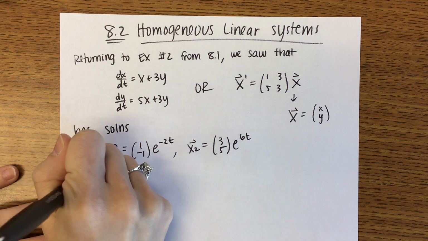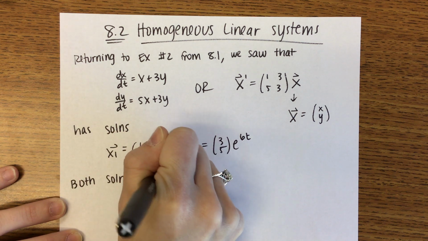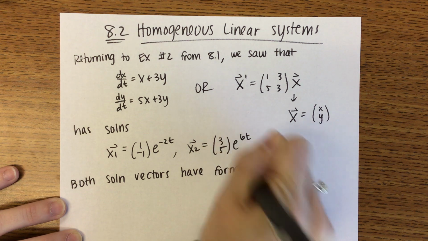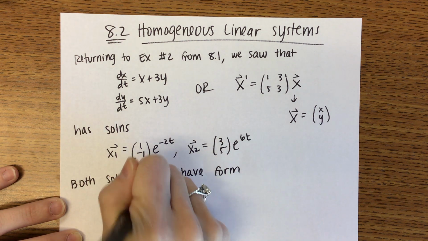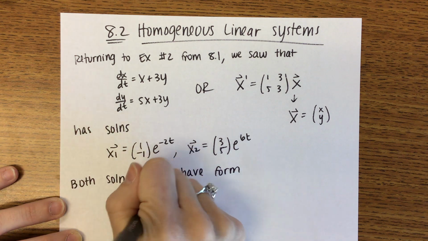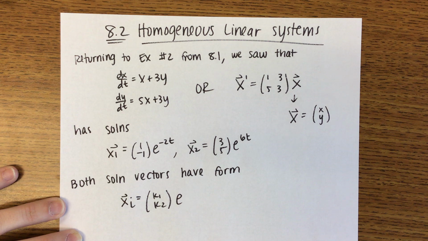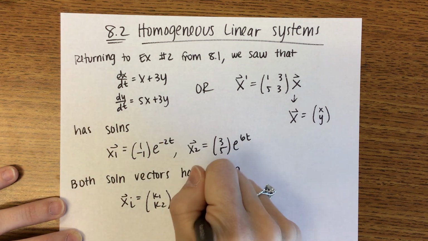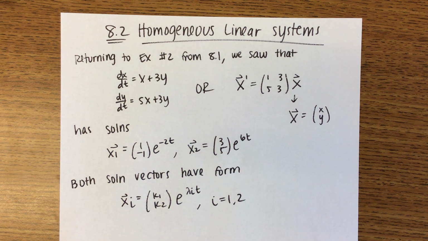Okay, so what we notice is that both solution vectors have the same form. The form that they have is x is equal to (k1, k2) e^(λt), where i is 1 and 2 here for the two solutions.